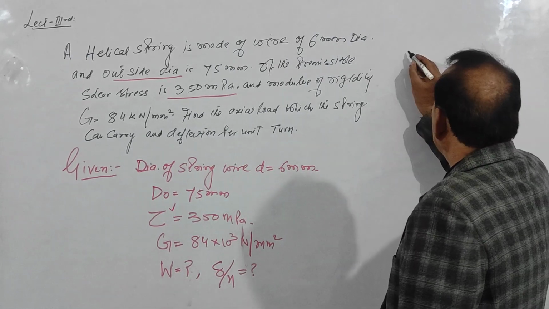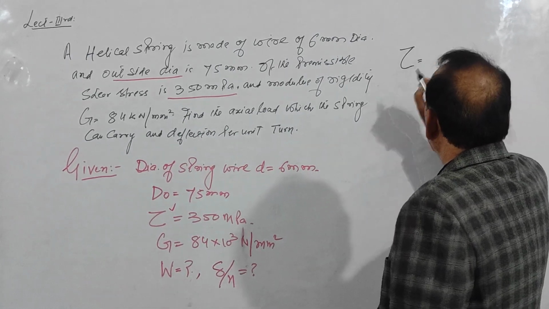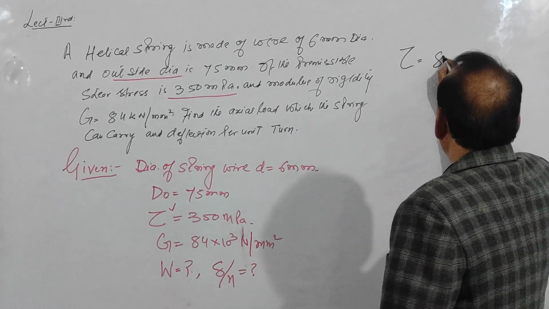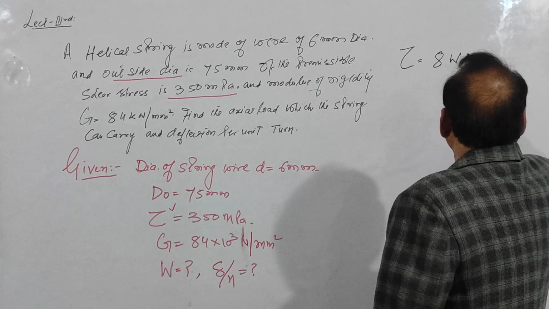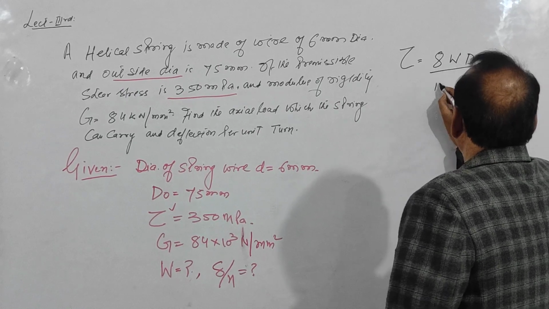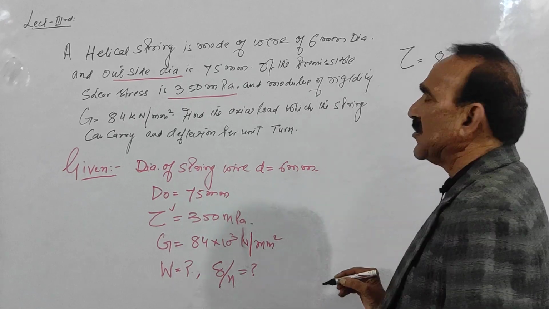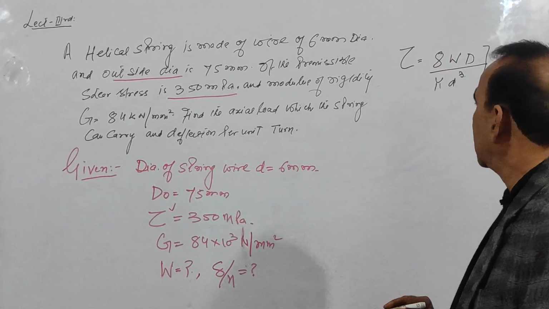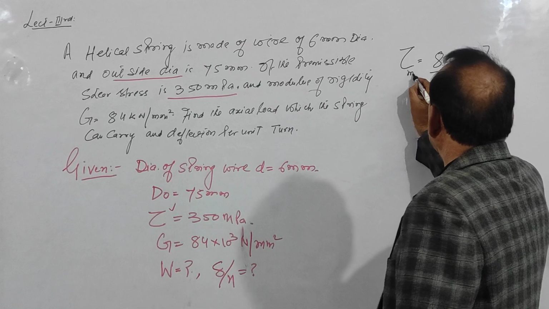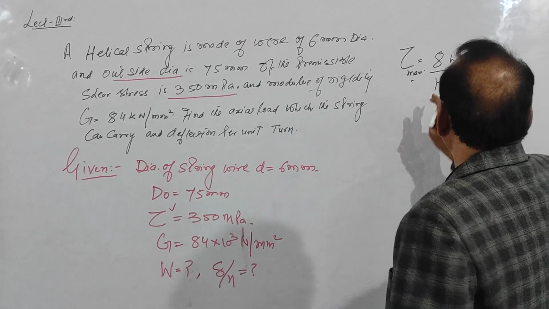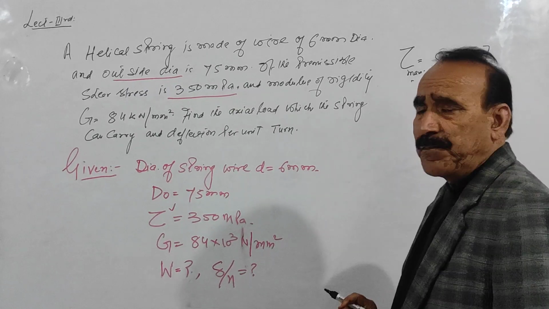So, you can say tau is equal to, you know, what is tau equal to? 8WD upon pi d cube, right? So this is the formula of this tau, or you can say tau maximum. So the shear stress is 8WD upon pi d cube.